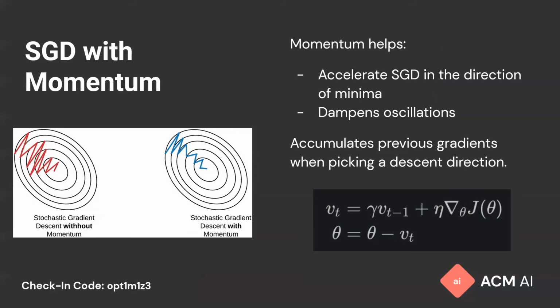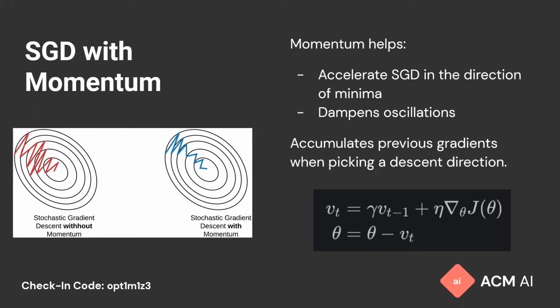You can think of it like rolling down a hill. When you roll down the hill, you're gathering momentum, right? Maybe there are bumps on that hill, but you're still moving in the general direction, which is downwards. So the idea of momentum is that you aggregate the previous gradients, because there's a certain direction you're heading.